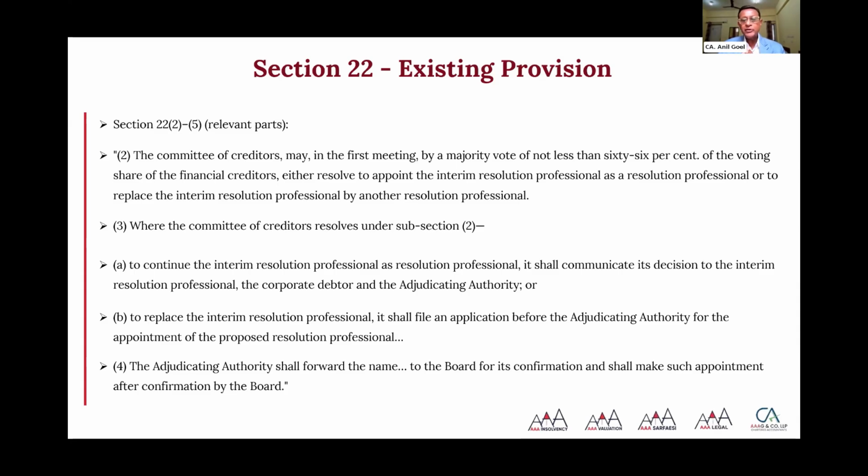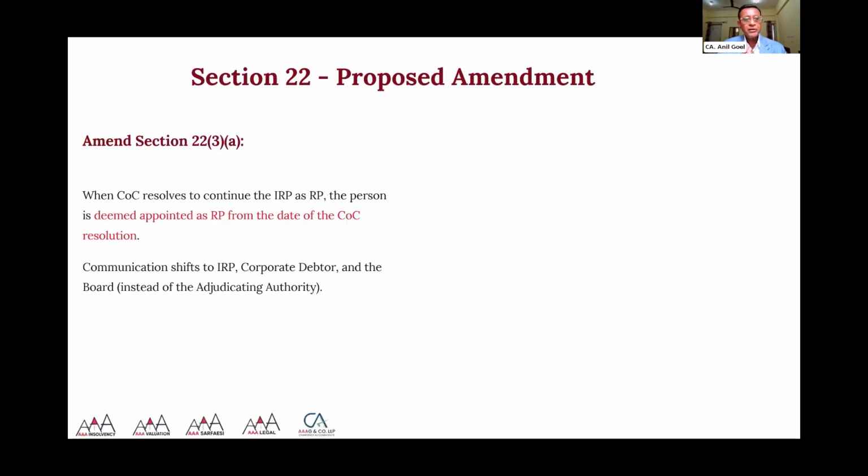And where the committee resolves to change, it will file an application to the adjudicating authority. Now the proposed amendment says when the COC resolves to continue the IRP as RP, the person is deemed appointed as RP from the date of the COC resolution. So therefore, on the same day, the IRP will be deemed as RP.